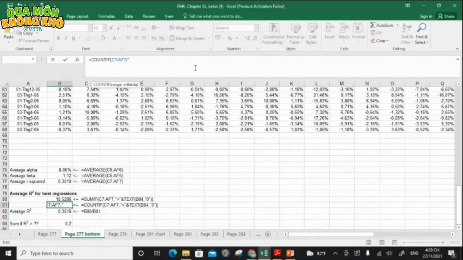You click it to show how the function works with the components. Here COUNTIF is range and criteria. Yes, range, criteria, and our criteria is 0.2.